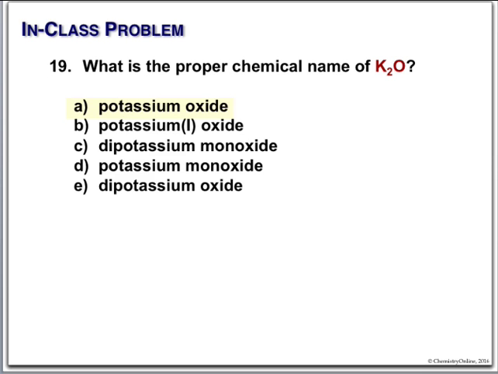No, because it's ionic. The rule is molecular gets multipliers, ionic does not. This is multipliers, multipliers, multipliers. Forget those. It's not a transition metal, so forget the Roman numeral. It's simply potassium oxide.